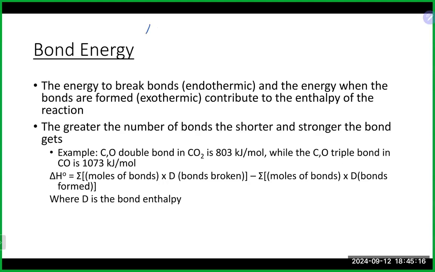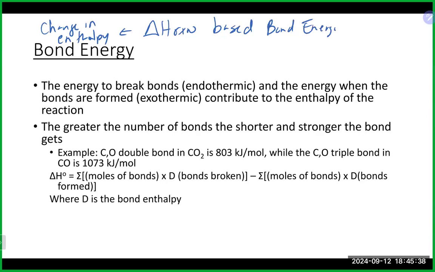And we could calculate the delta H of the reaction, which is the change in enthalpy, which is basically the overall heat gained or lost in the reaction based on bond energy, sometimes referred to as bond enthalpy as well. And remember that delta H, as we probably touched upon, will tell you what type of reaction you're dealing with.